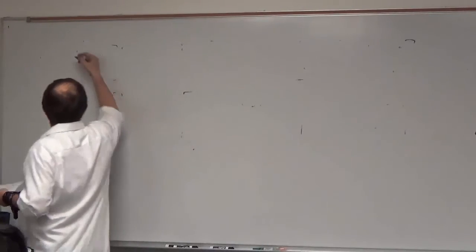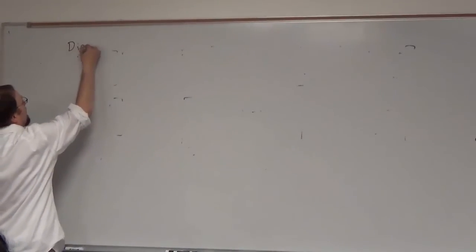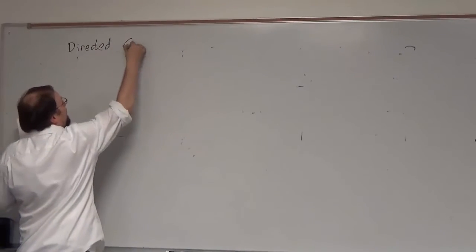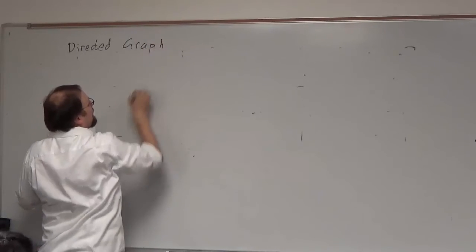All right, so let's look at a directed graph. This is where you have nodes or vertices with possibly edges connecting them, and the edges have a direction.